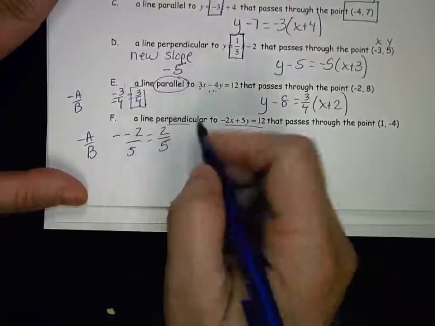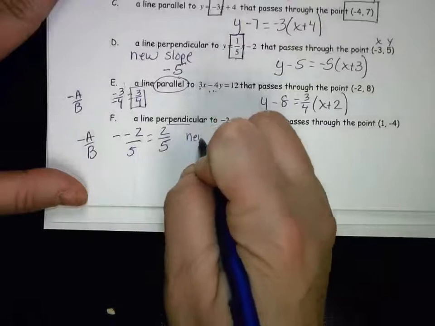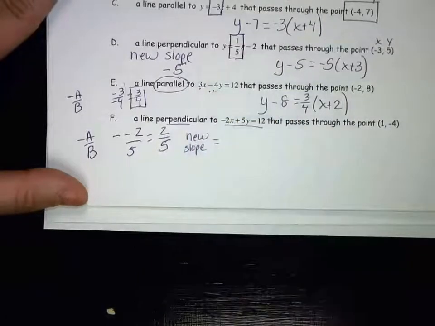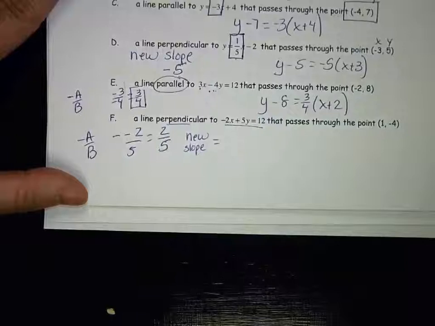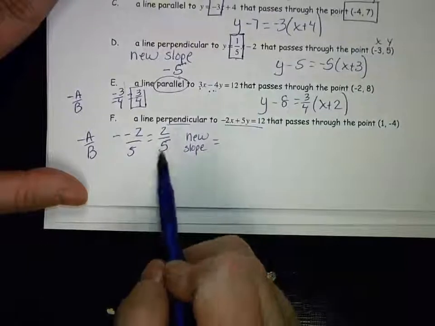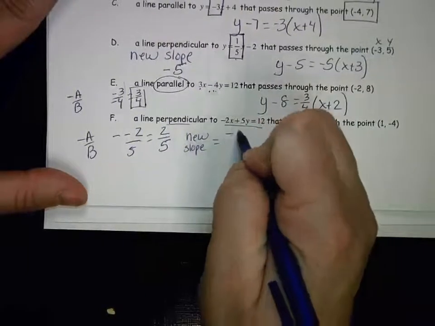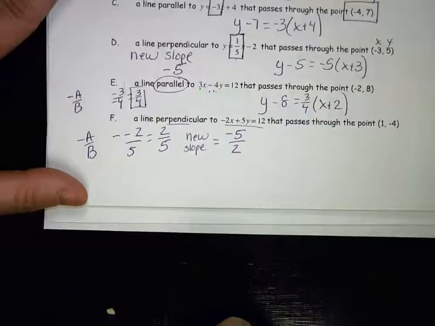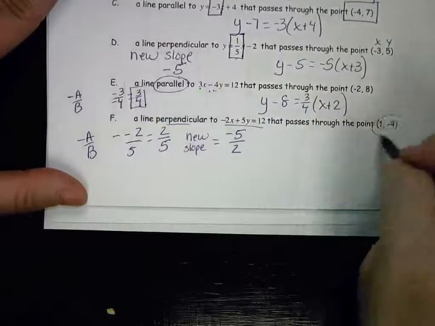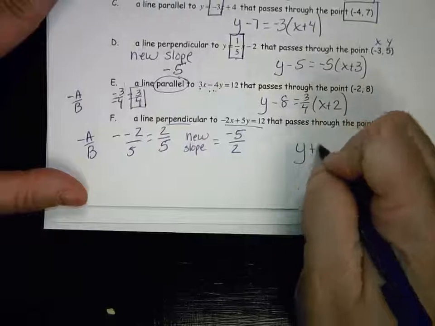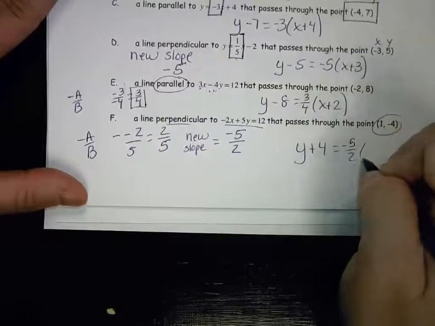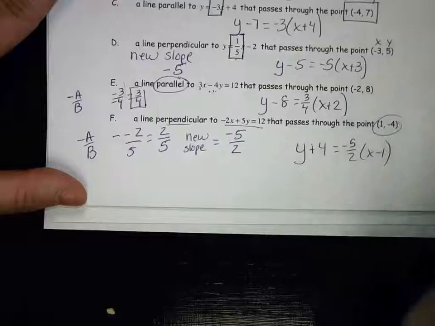But since we want perpendicular, we need to come up with a new slope. So the slope will be the negative reciprocal, so negative 5/2. And then that becomes y plus 4 equals negative 5/2 times x minus 1.